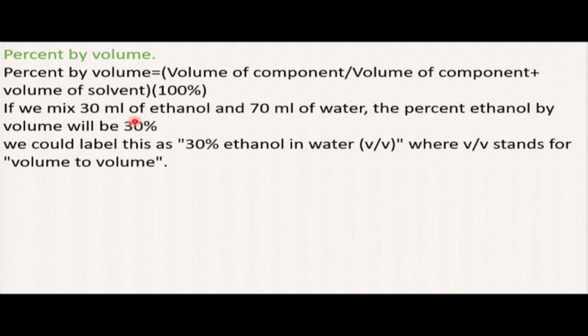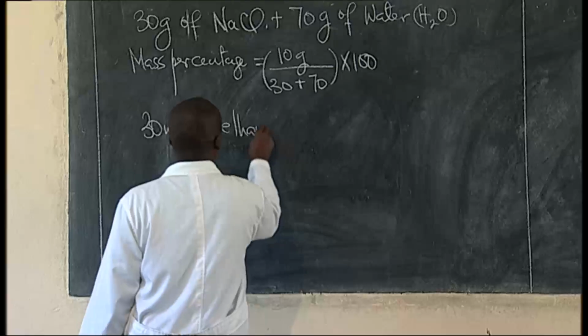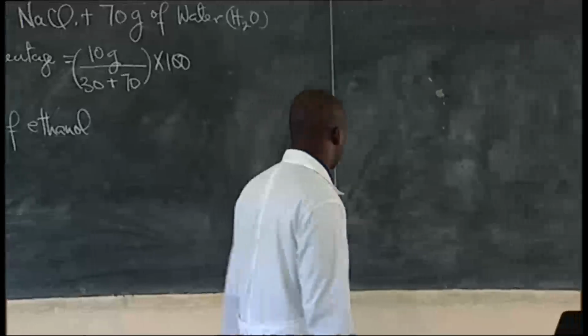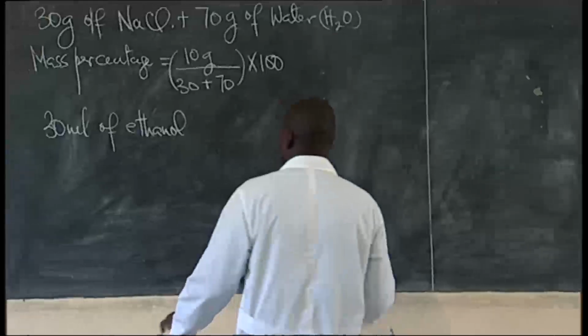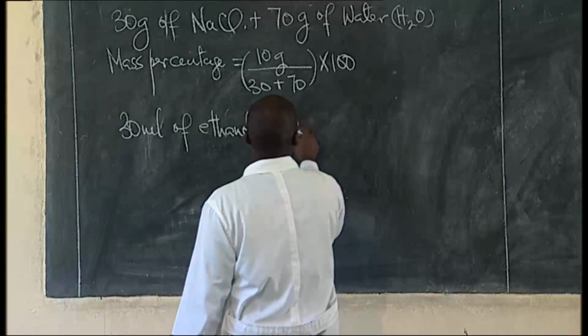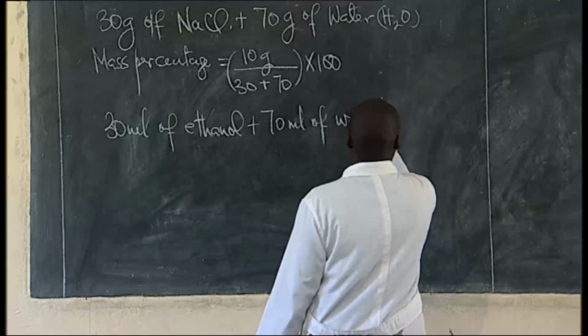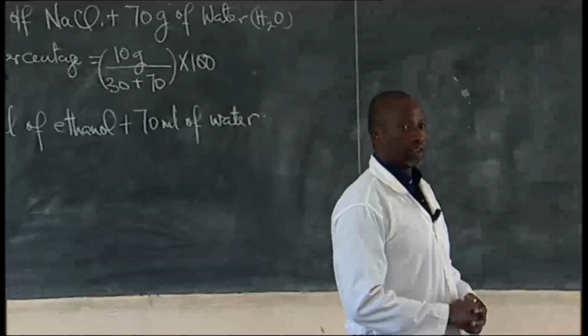We mix 30 milliliters of ethanol with 70 milliliters, not grams, milliliters of water. They are mixed together.